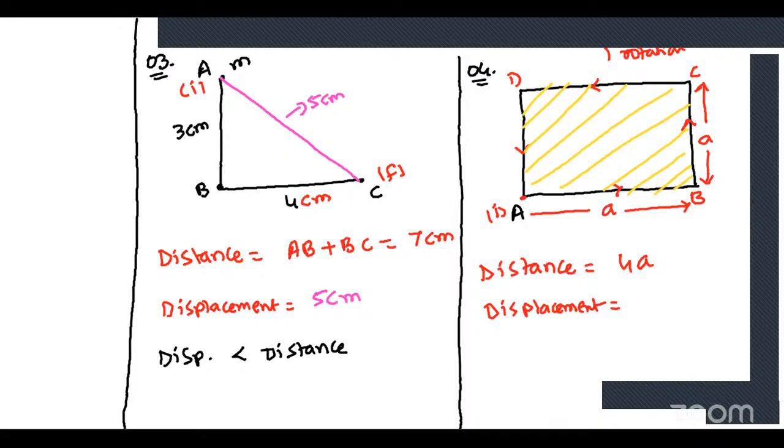Now displacement: the initial position and final position are the same, so I can say it is 0.